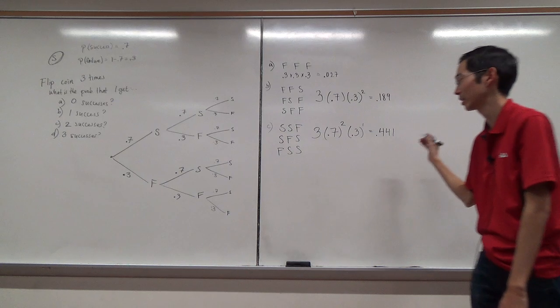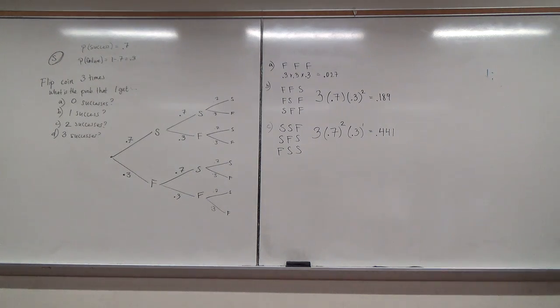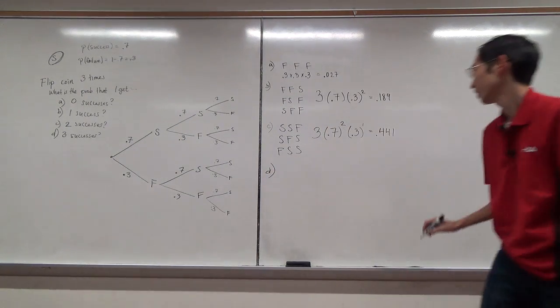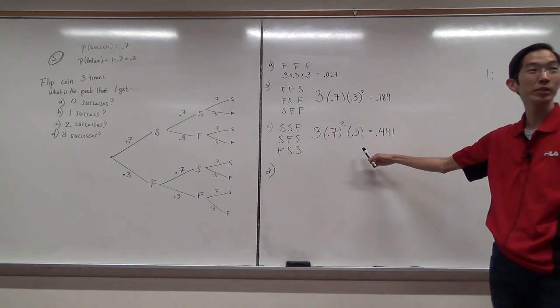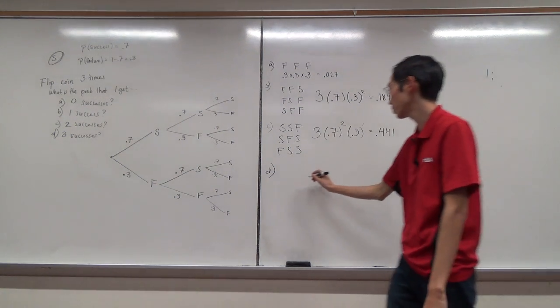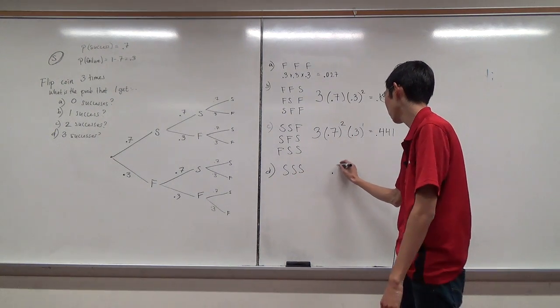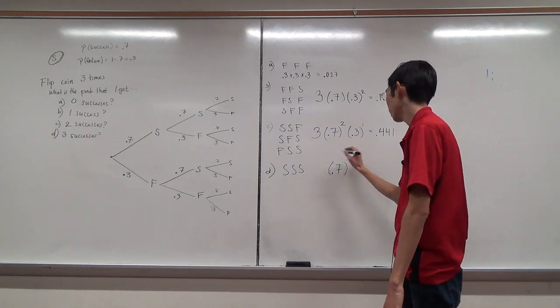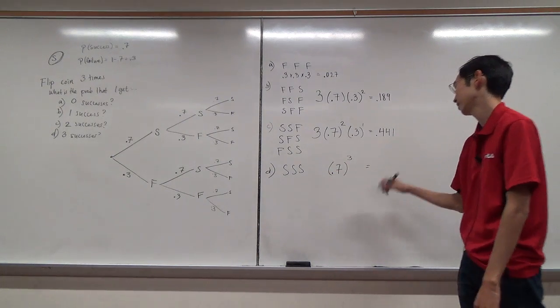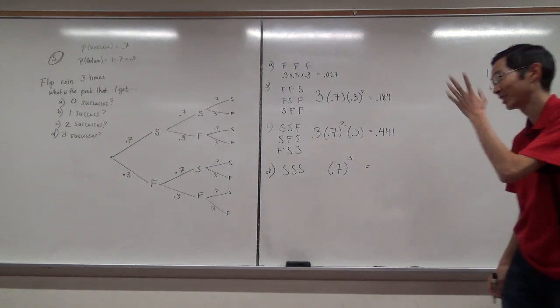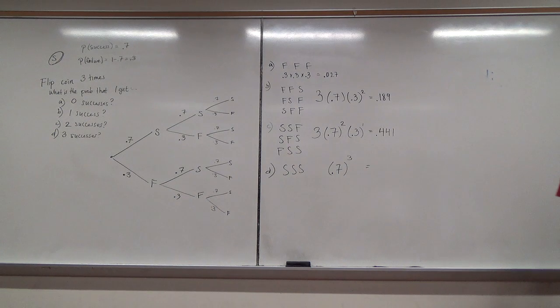I don't know. Something. Somebody save me. That's right. Is it? Okay. So 0.7 squared, and then the last one has to be success, success, success. So I'm just going to do 0.7 cubed. 0.343.